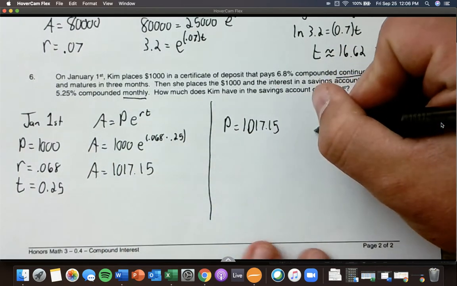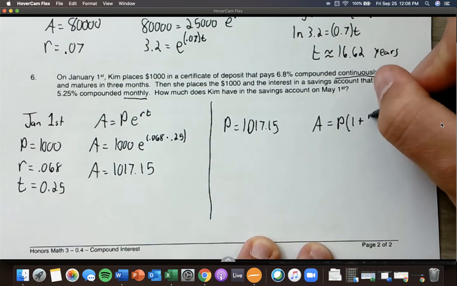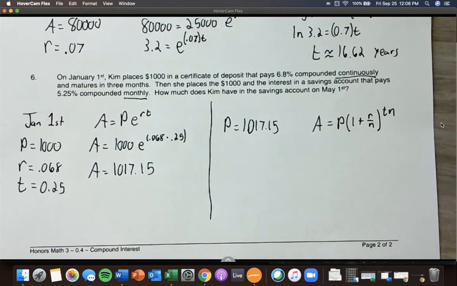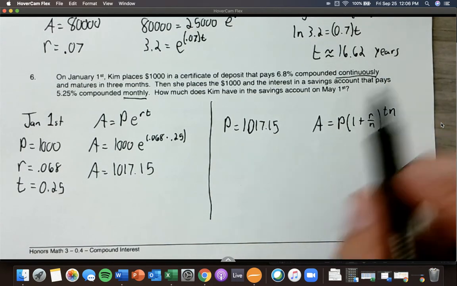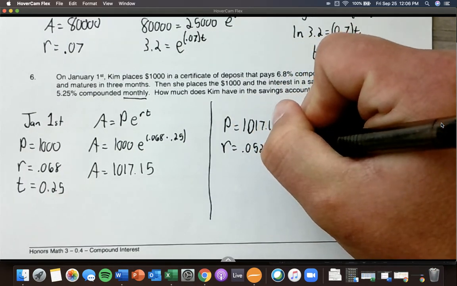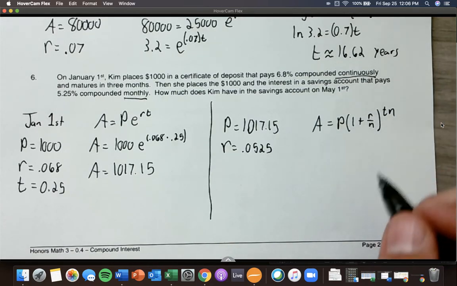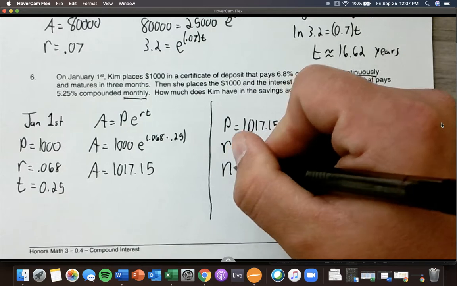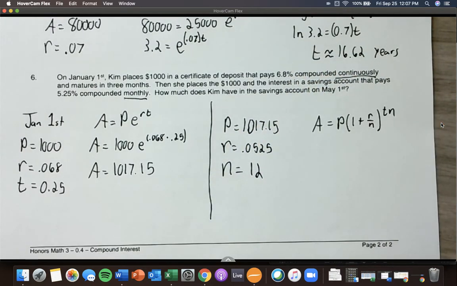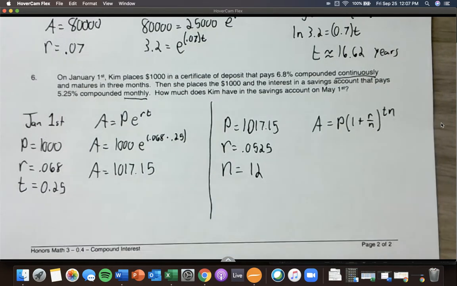So we're going to use our other equation: A equals P times 1 plus r over n, to the tn. In this case, the rate is 0.0525. The time we'll get to in just a second, but it's compounded monthly, which means it's going to compound 12 times. How much does Kim have in the savings account on May 1st?